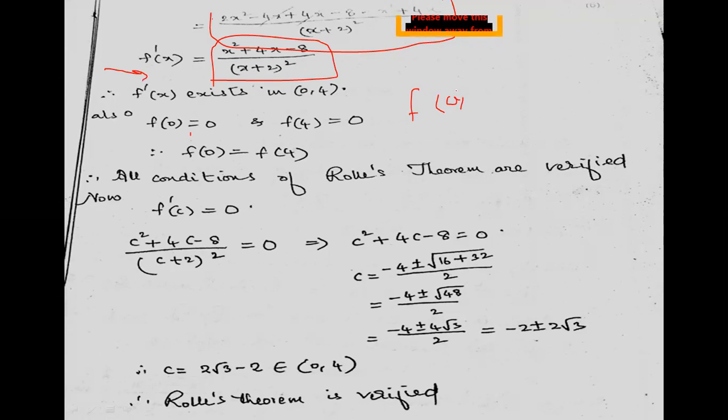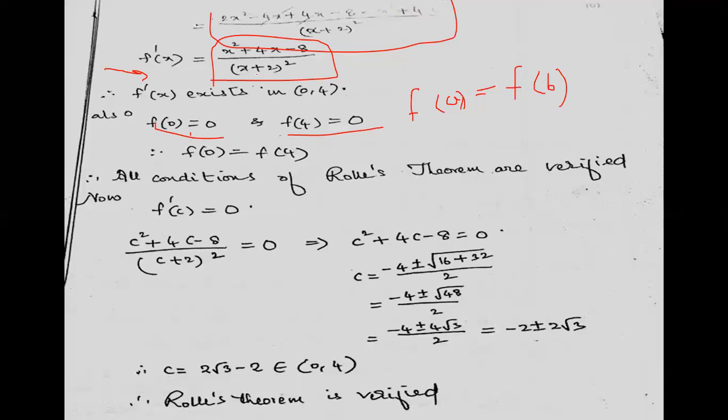Apply f of 0 and f of 4. If you substitute f of 4 or f of 0, the answer will be the same. So the third condition, f of a is equal to f of b, is also satisfied.